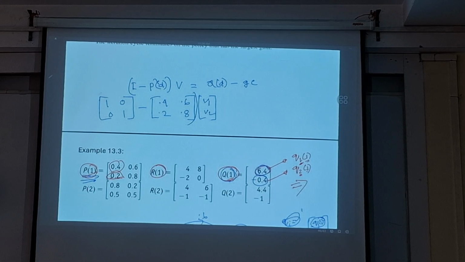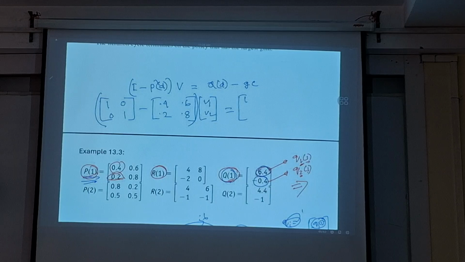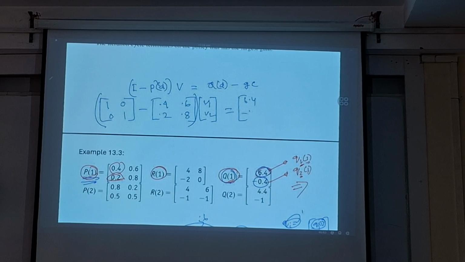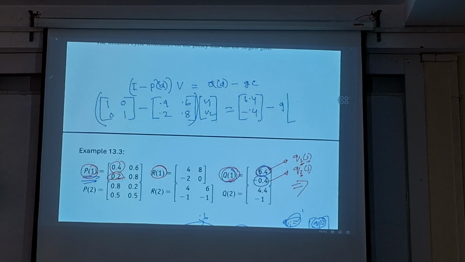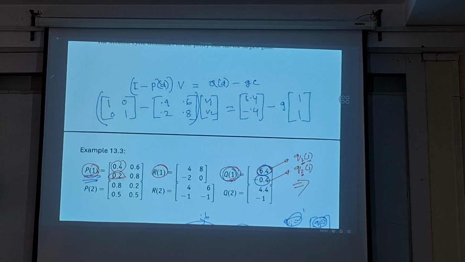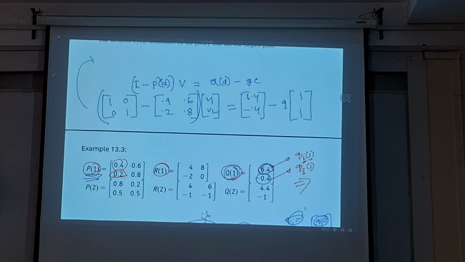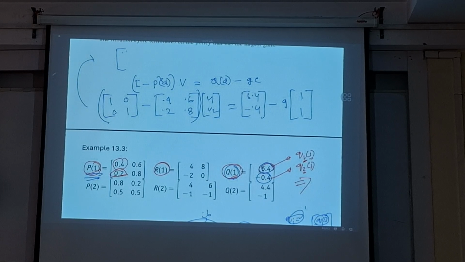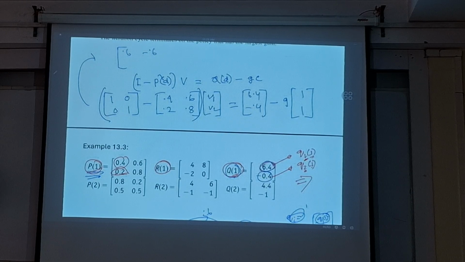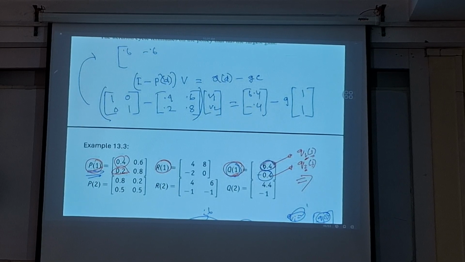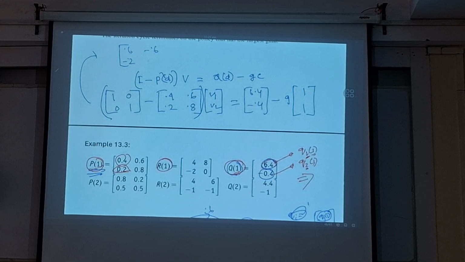Okay, we need this one, right? Equal to what is Q here? 6.4 minus 0.4. Minus what? What is the G? G is a variable, and we have a column vector with all ones. If we do this operation, let's say go here. 1 minus 0.4 becomes 0.6, then 0 minus 0.6 becomes minus 0.6, 0 minus 0.2 becomes minus 0.2, 1 minus 0.8 becomes 0.2.